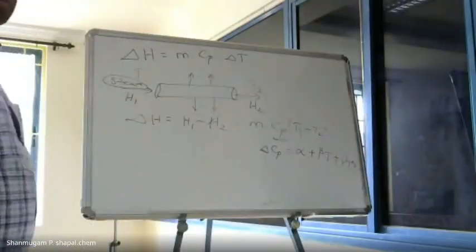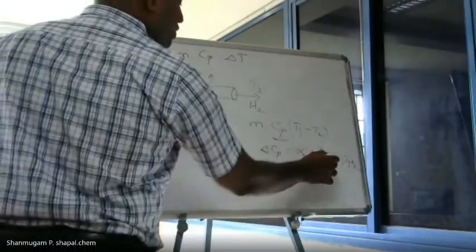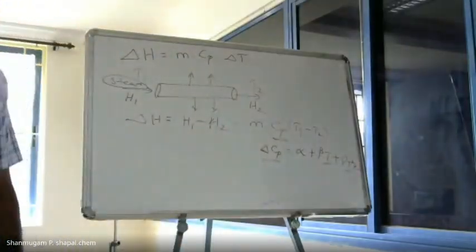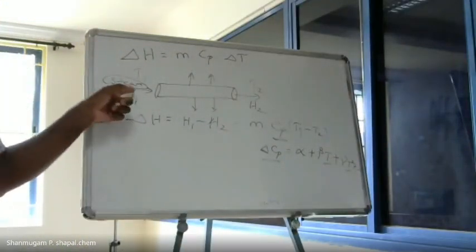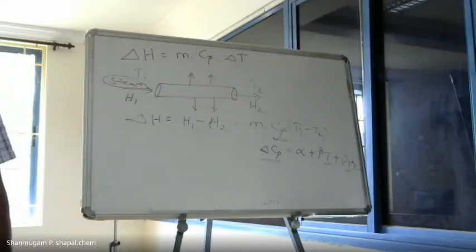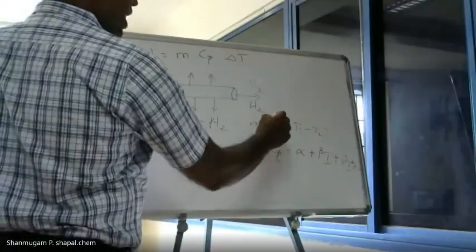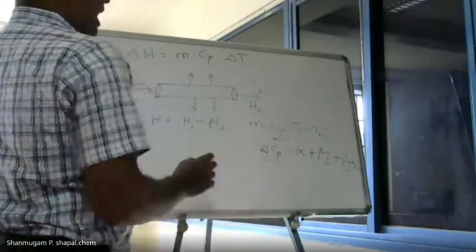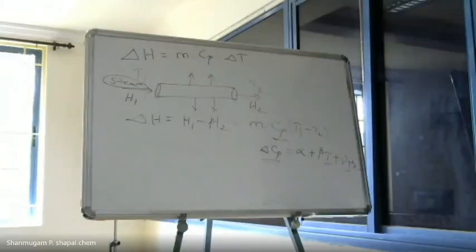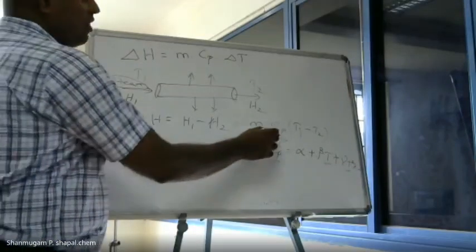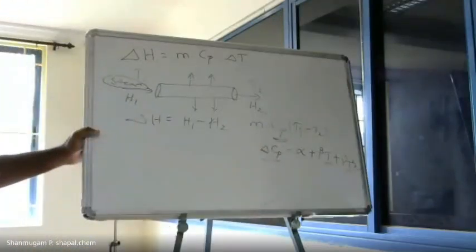It will keep on going. So with respect to change in temperature, the property of the particular substance which transfers the heat will also be affected. So there is a possibility to have a delta Cp, but in general, in a higher heat transfer system, you consider the heat capacity the same for the whole system.